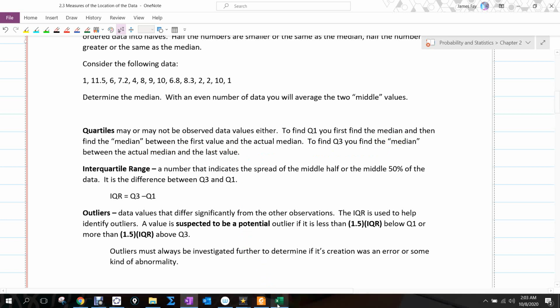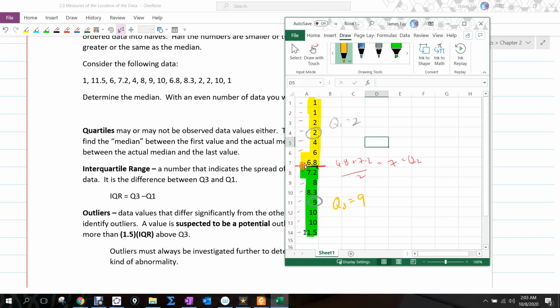When doing that, just be cautious, because it can be somewhat confusing. When I found that 7, the true median, that's the separating point for the data that I'm going to find Q1 inside of. So I don't include 7 as one of my data values for this yellow list or this green list.